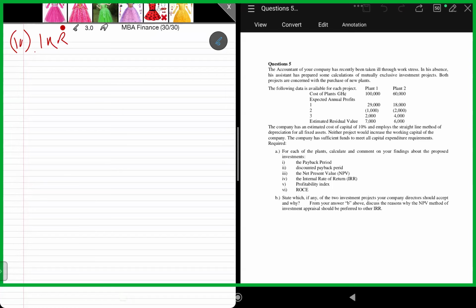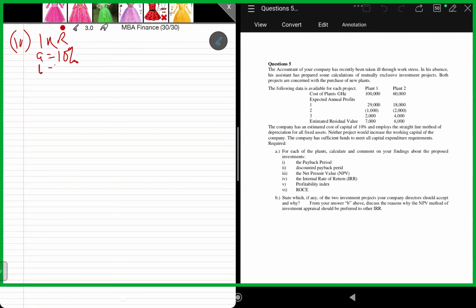Let's say that rate is B. The first one, the 10%, is A. So let's say for B, we multiply this 10% times 2. It will give us 20%.